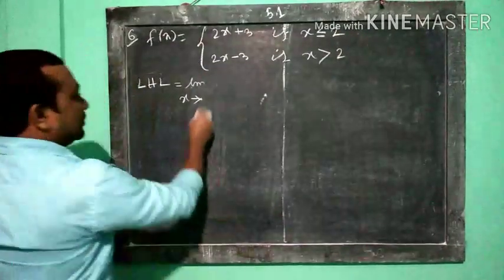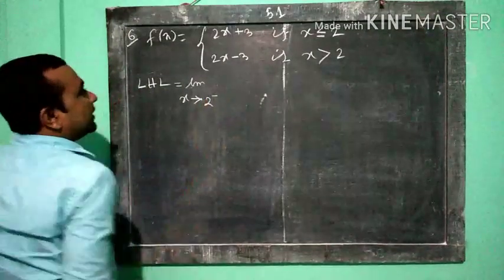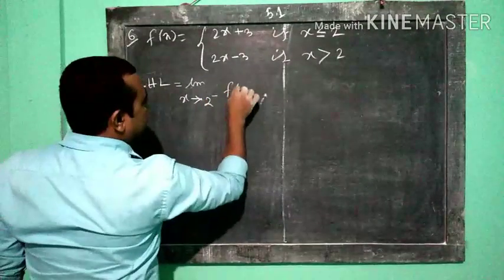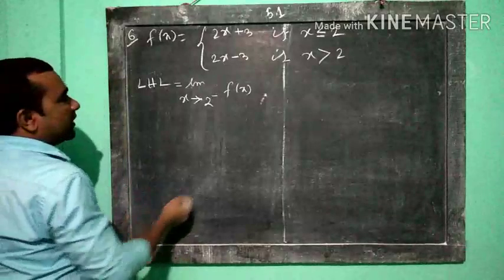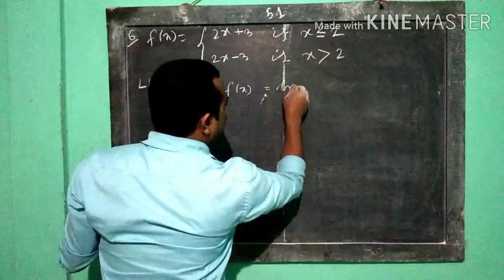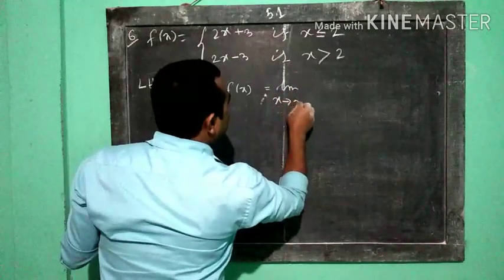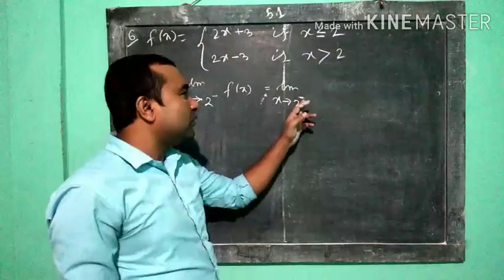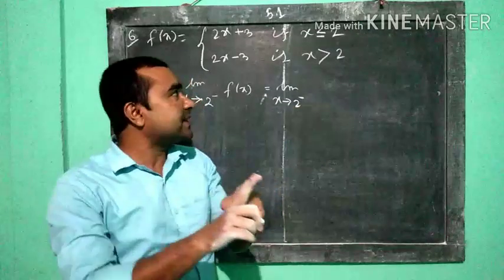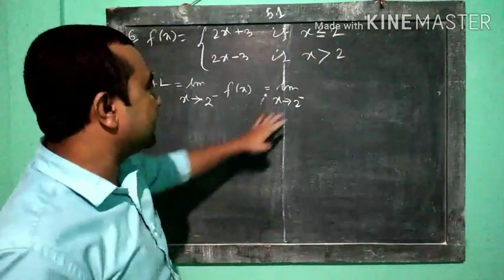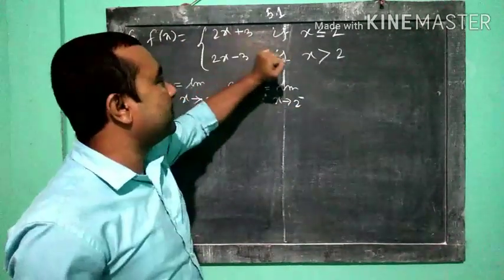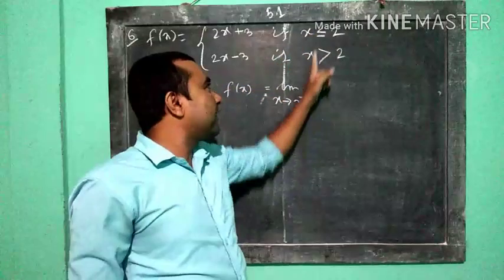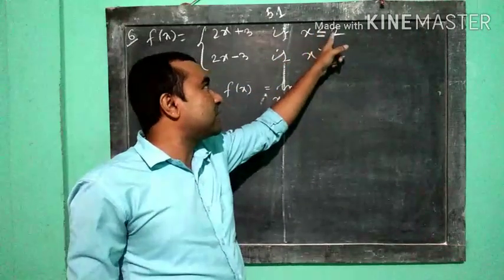Left hand limit equal to limit x tends to 2 negative of f(x). For x tending to 2 negative, that means 2 minus something, it takes the function 2x plus 3, because here x is less than or equal to 2.